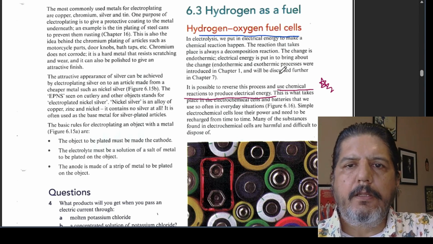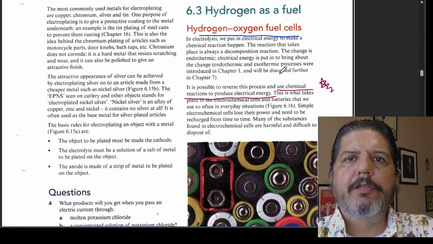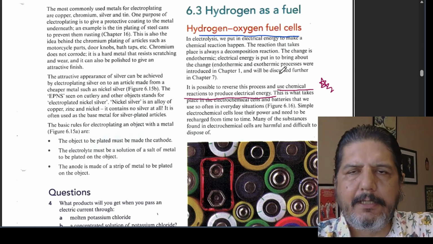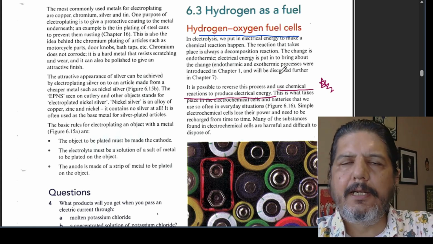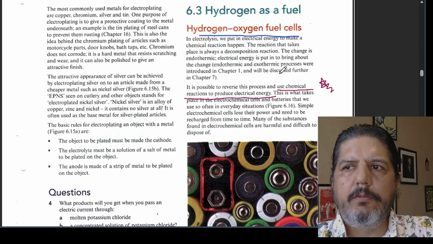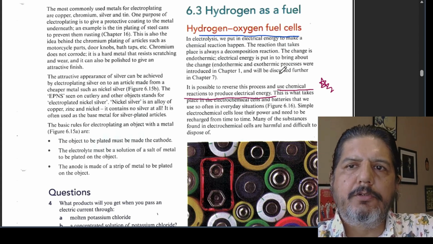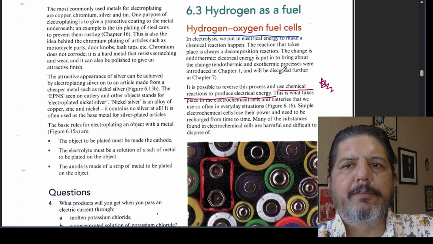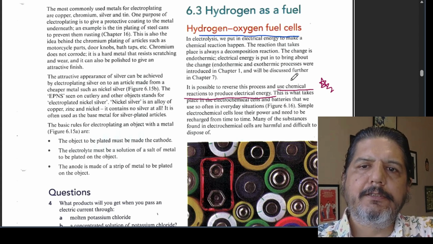During electrolysis, what we usually do is pass electrical energy and convert electrical energy into chemical energy. But in the hydrogen oxygen fuel cell, a different thing is happening. We are using chemical energy to produce electrical energy.